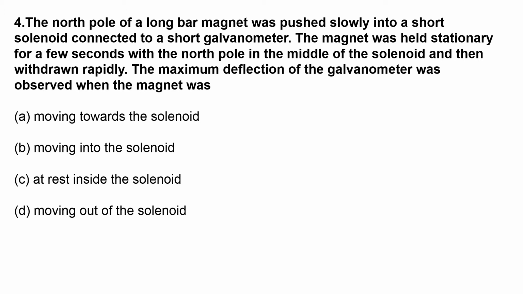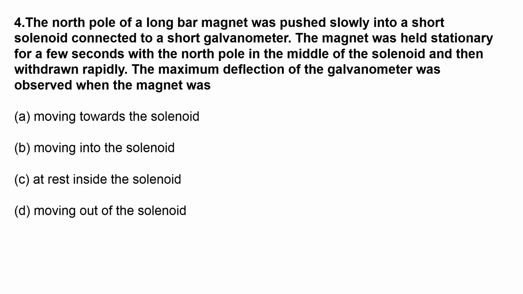As there is a change in flux, EMF is induced in the solenoid, meaning current is induced in the solenoid. That current shows in the galvanometer. When the magnet moves slowly, the change in flux is less. If the movement is fast, the change in magnetic flux is also more.